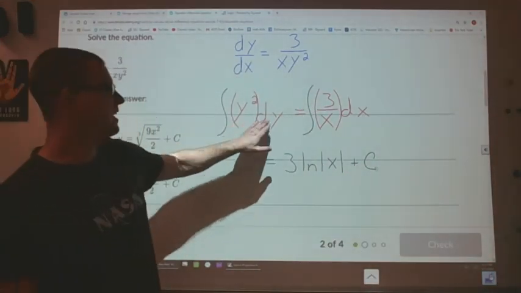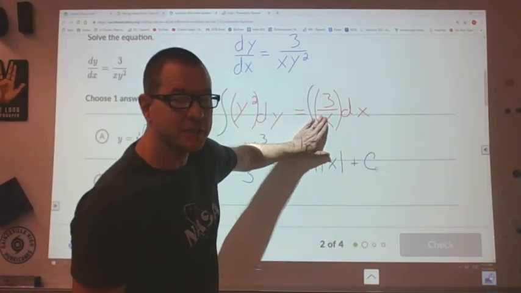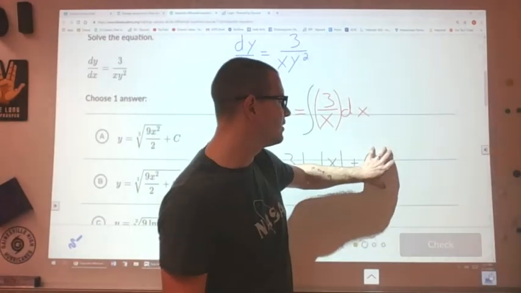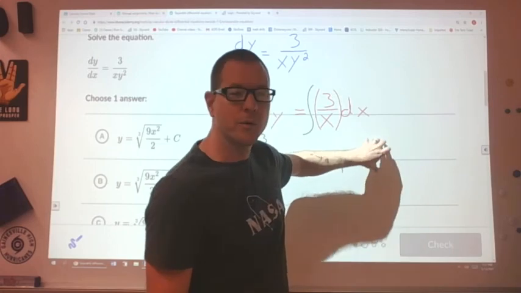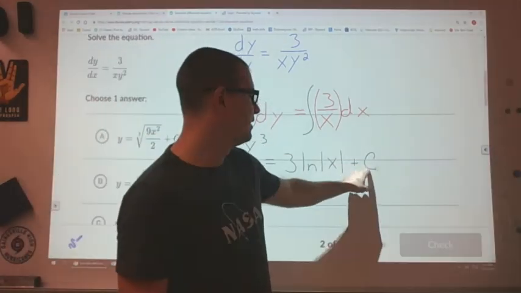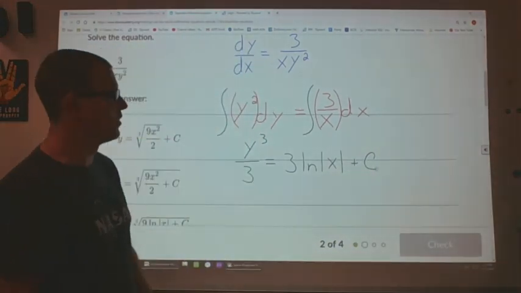There's technically a plus c from each of these integrals, but since we could just subtract the constant over to the right-hand side, we can represent all of the added or subtracted constants in that 1 plus c, so we're not worrying about it here.